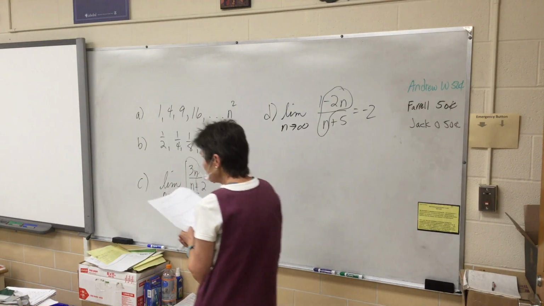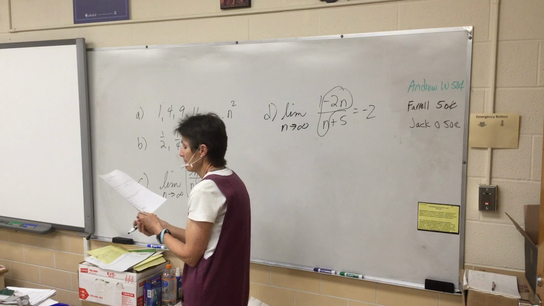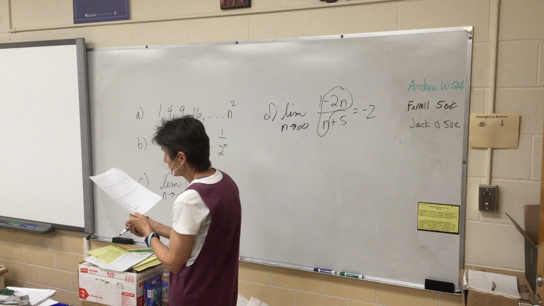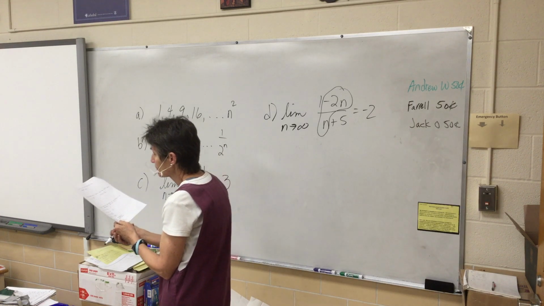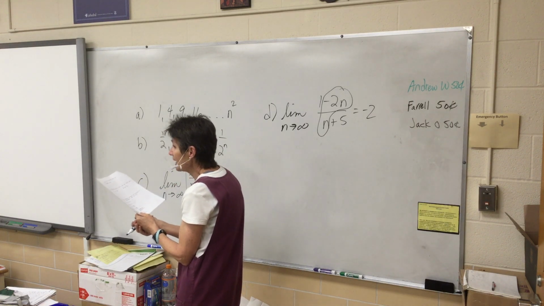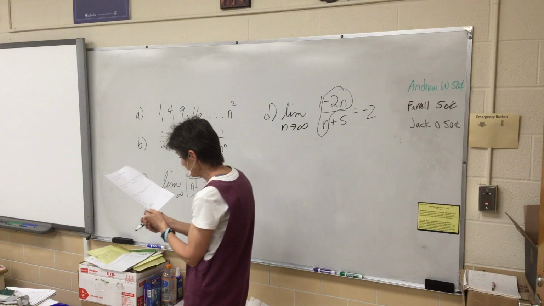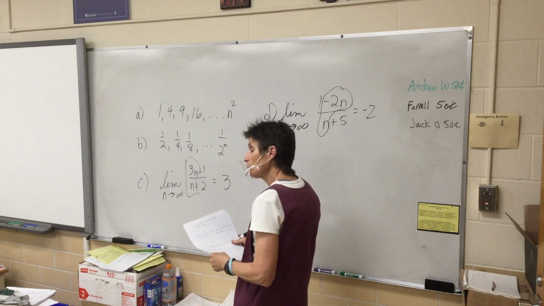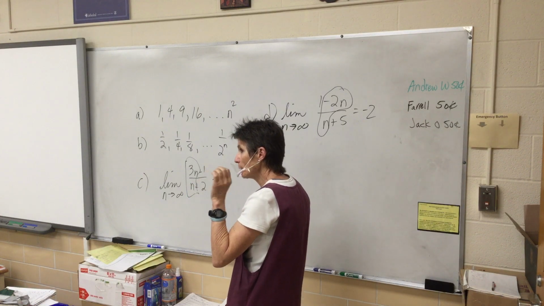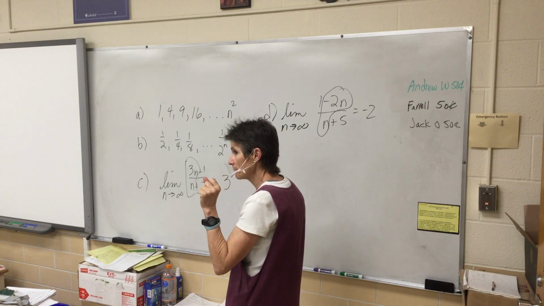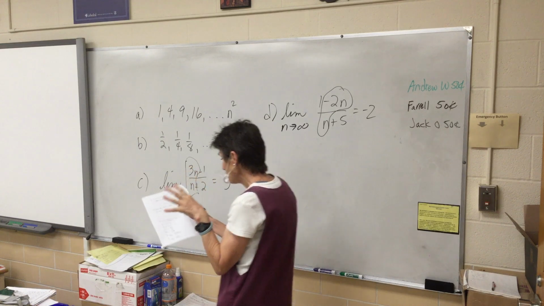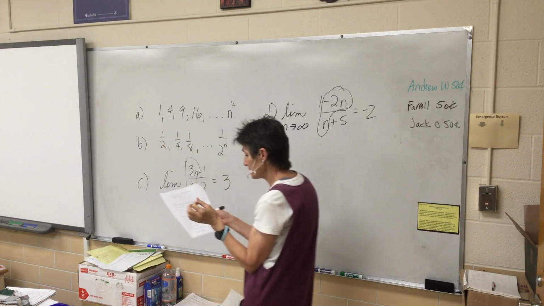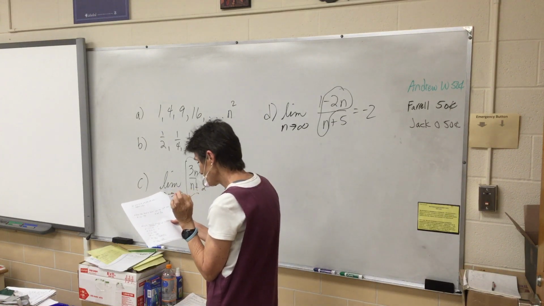What about E? It's definitely convergent. It has a limit. What would its limit be? 4/5. Remember, when you did horizontal asymptotes, didn't you compare the highest powers? So when I compare the n squareds, I get 4 over 5. So E has a limit of 4/5.